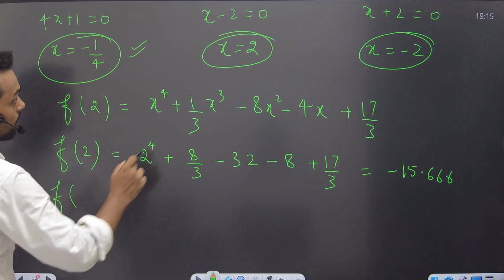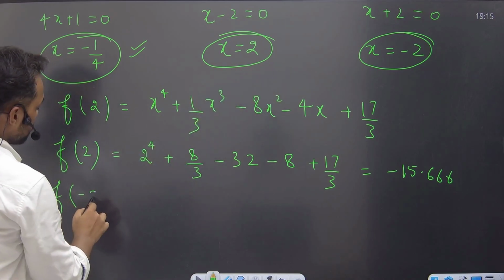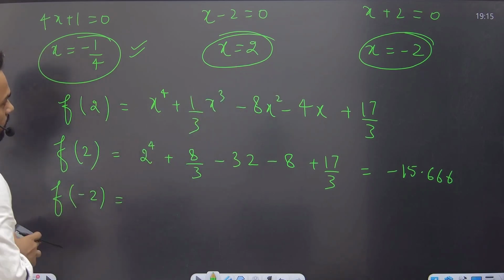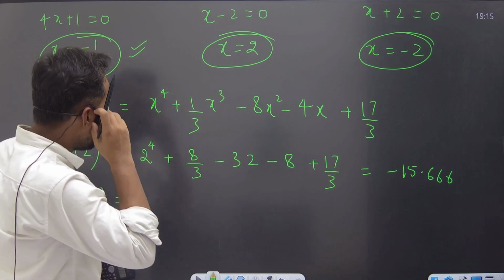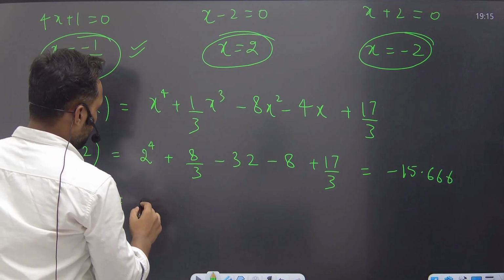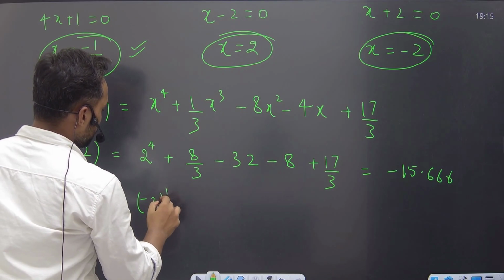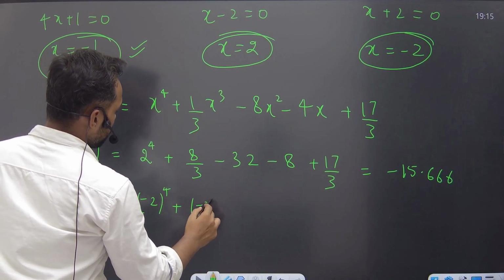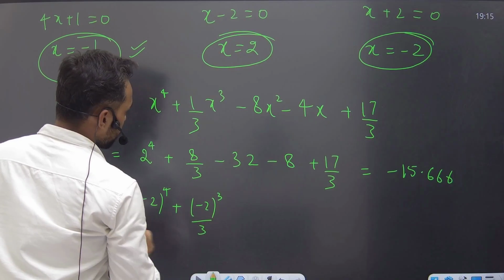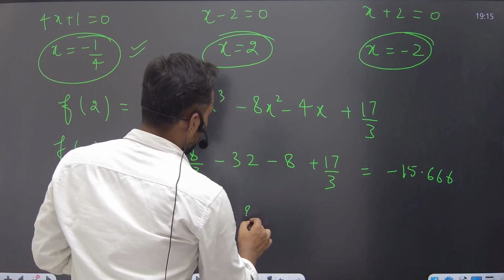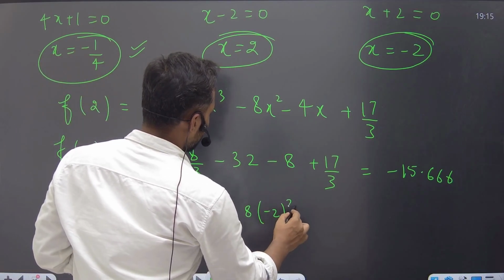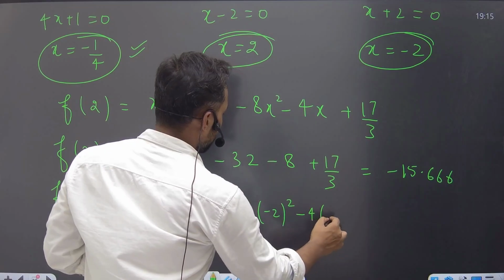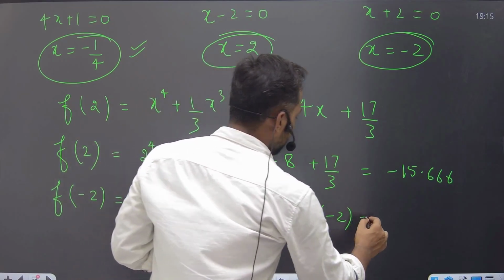Similarly, on plugging the value of another critical point, which was negative of 2, we need to substitute x equals negative of 2. Then again it will be negative of 2 power 4 plus negative of 2 power 3 by 3 negative of 8 times negative of 2 square negative of 4x, which will be negative of 2, plus 17 by 3.